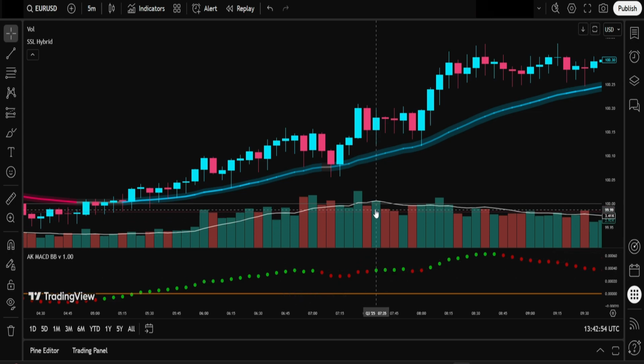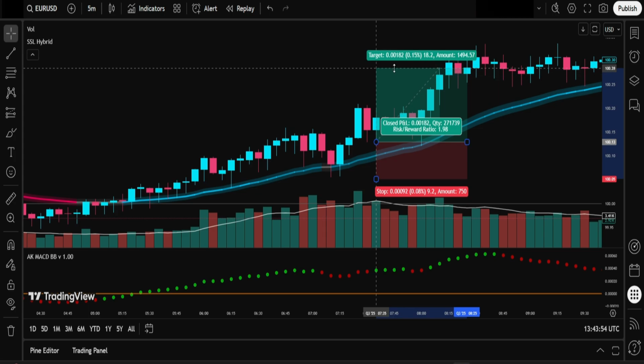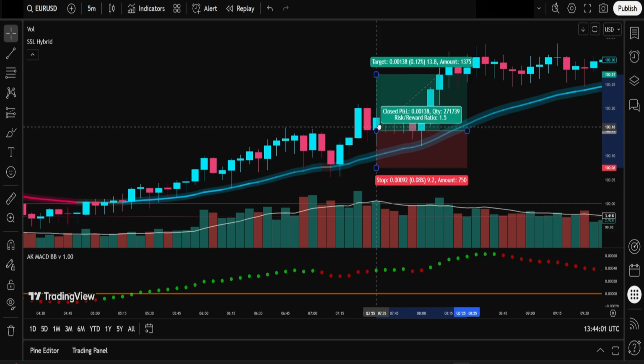We glance at participation, volume bar above the MA, and with that, we enter on the next candle open. The stop is tucked below the pullback swing low to give the trade room. Target remains 1.5 times the risk. Price builds a small base, momentum holds, and the expansion pushes to target.